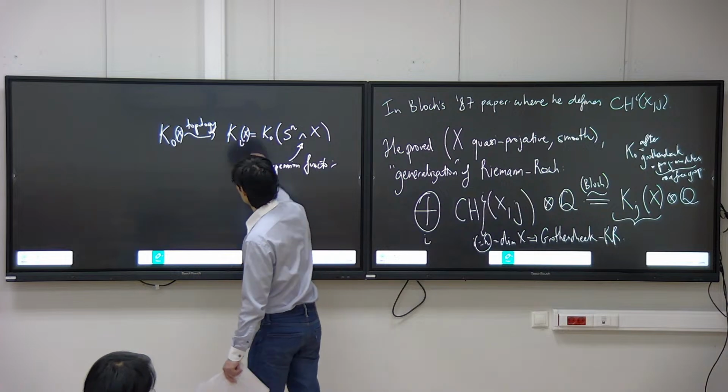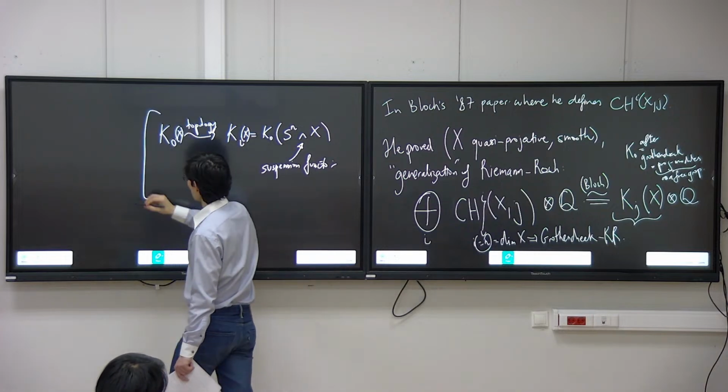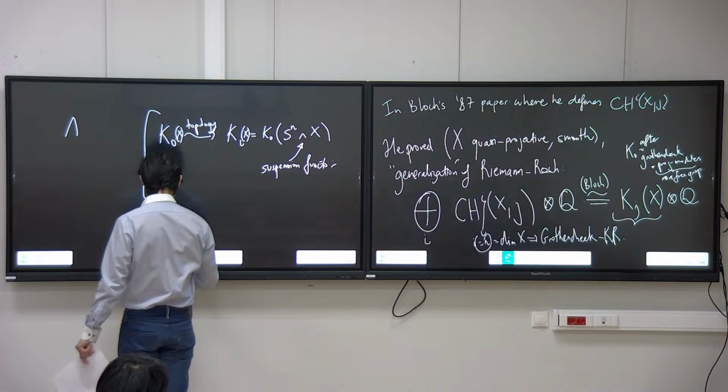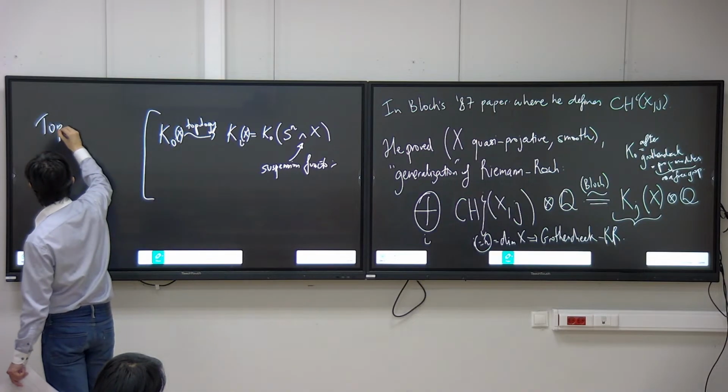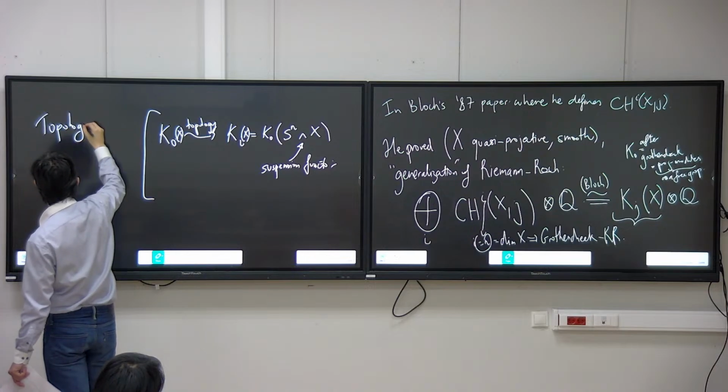So this is, so far, topological K theory, where your underlying spaces are topological spaces.